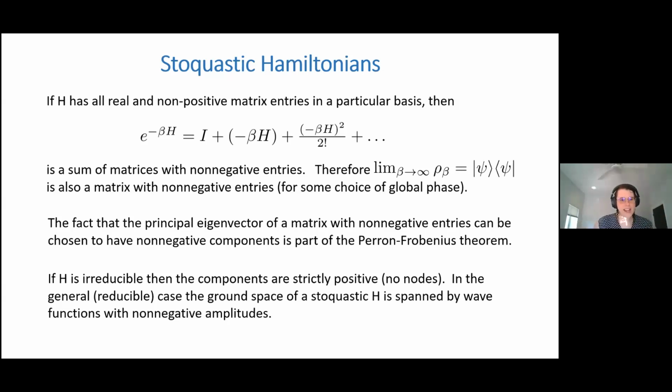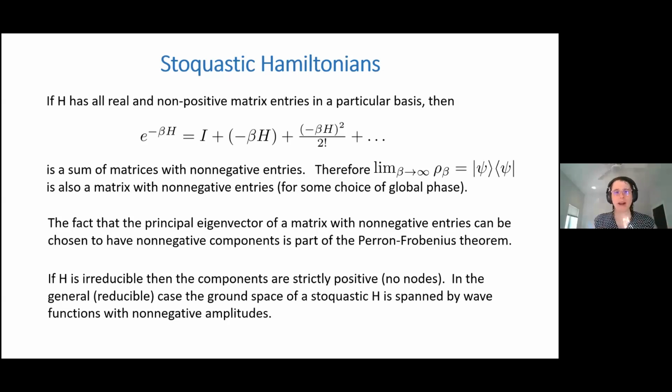It also says that if H is irreducible as a matrix, then the components are strictly positive. So this is the property that the ground state wave function has no nodes. And of course, in general, if the Hamiltonian is reducible, then the ground space will at least be spanned by wave functions with non-negative amplitudes.